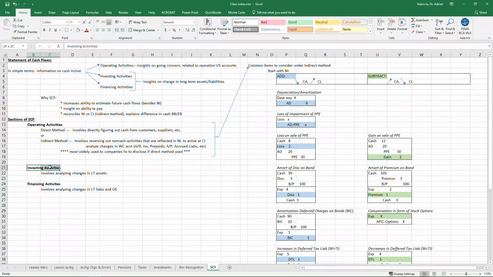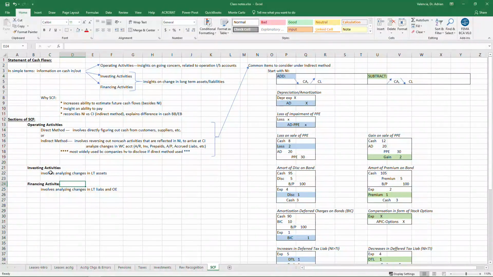Investing activities, even though we're not technically saying it, the investing and the financing activities are both done directly. Companies do not have many transactions involving investing and financing activities in general, and because of that, we can actually go directly and analyze what the actual transactions were.